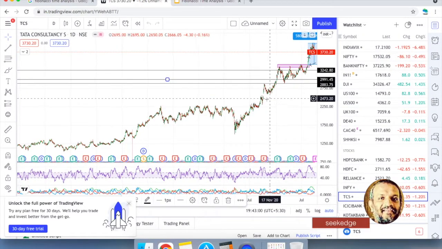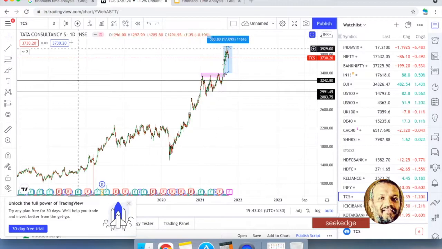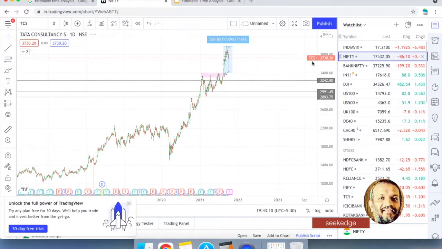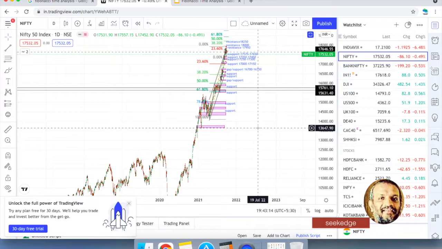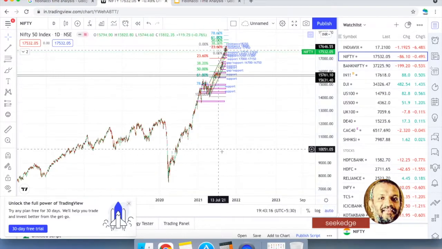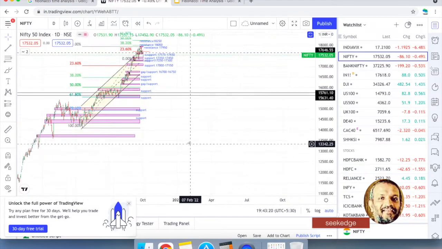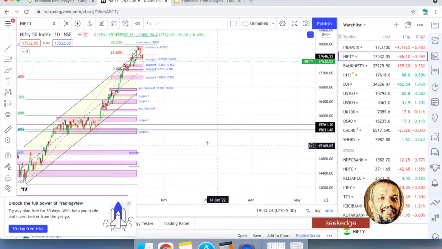So here are the TradingView charts. Just to give a brief on what is time extension. Right now we know about the retracement levels.